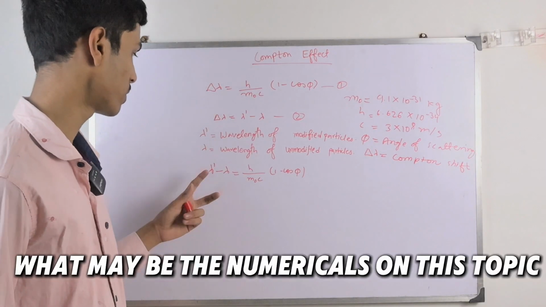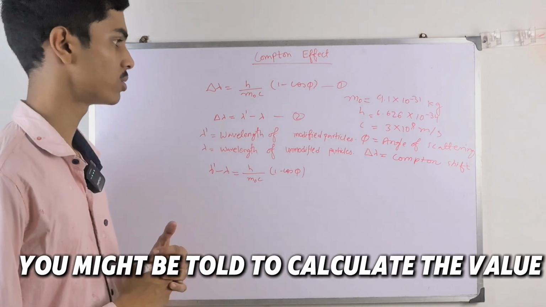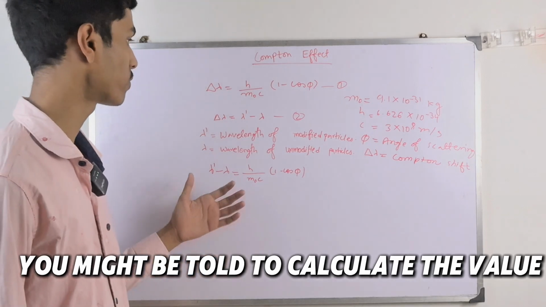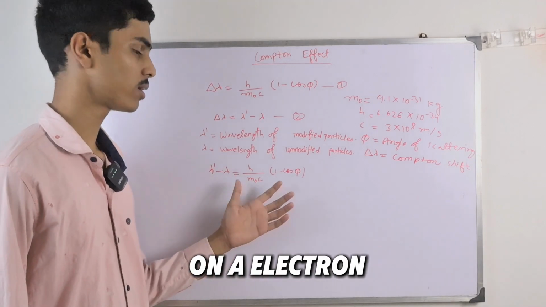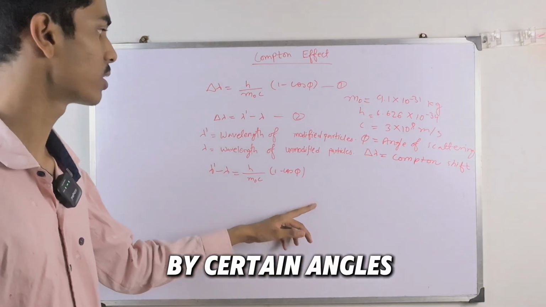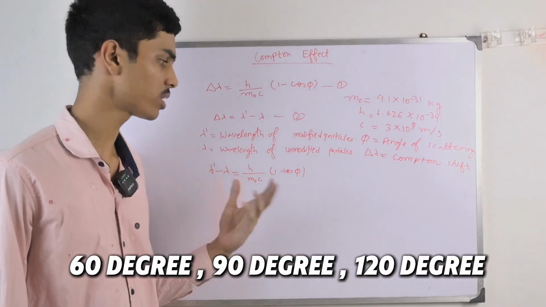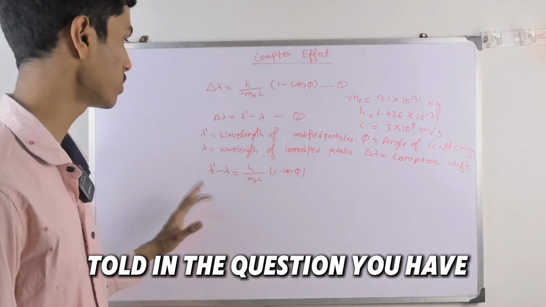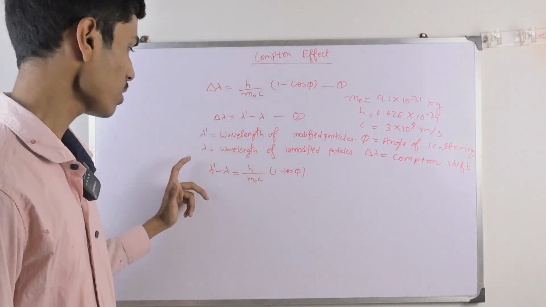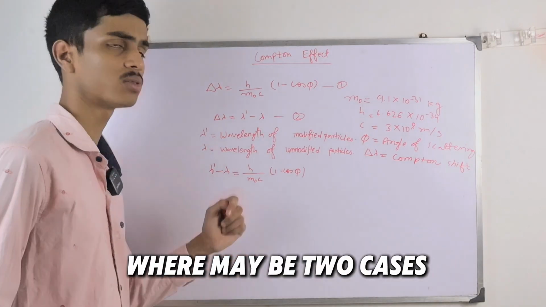What may be the numericals on this topic? You might be told to calculate the Compton shift on an electron for certain angles, say 30 degree, 60 degree, 90 degree, 120 degree, whatever is told in the question. There may be two cases.